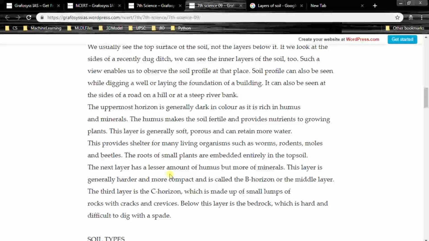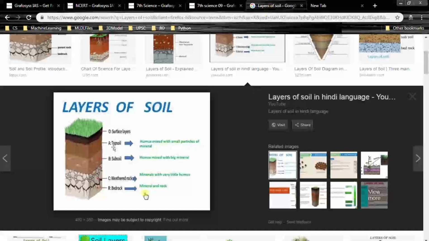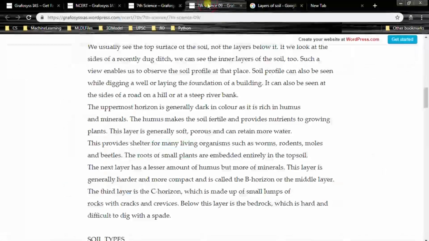Below this layer is the bedrock, which is hard and difficult to dig with a spade. So remember all these layers, right? A, B, C. Humus and mineral, and the third, C horizon, is rocks.